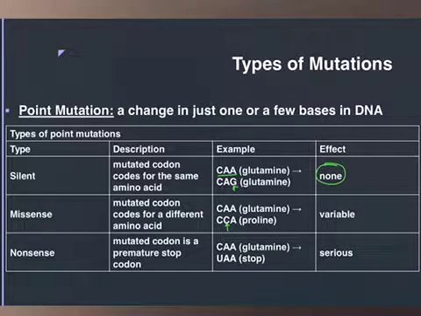Then we have nonsense mutations, and these are very serious mutations. This is when a mutated codon is an early stop codon. For example, in our CAA example, if we change that first base to a U, it changes the codon to a stop codon, and it would end up not making the protein that it was supposed to. And these types of mutations are very serious.